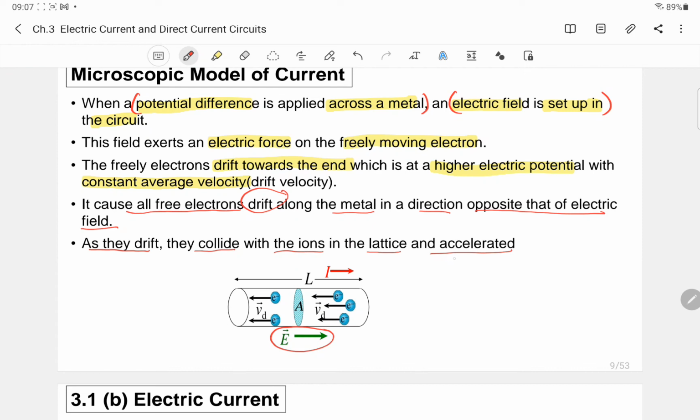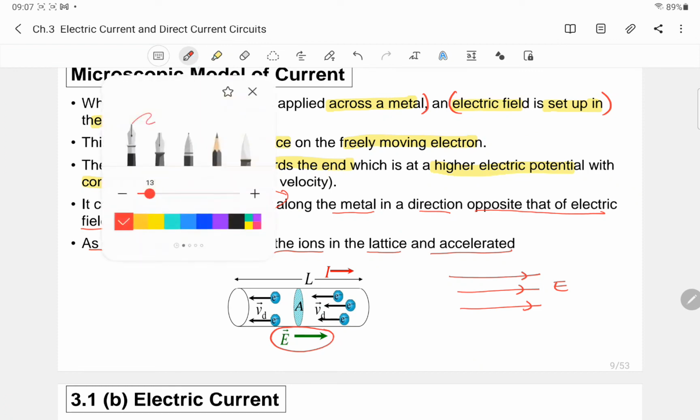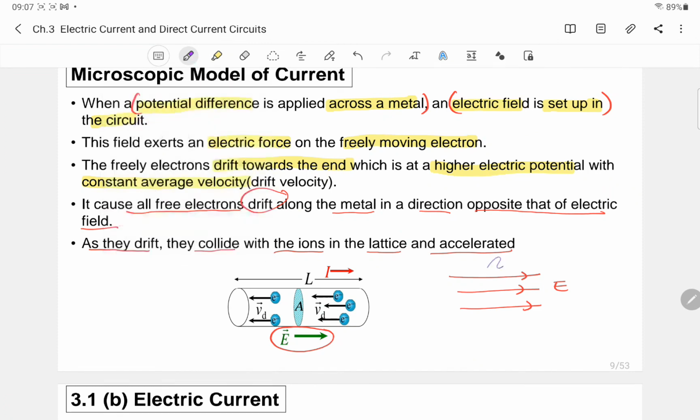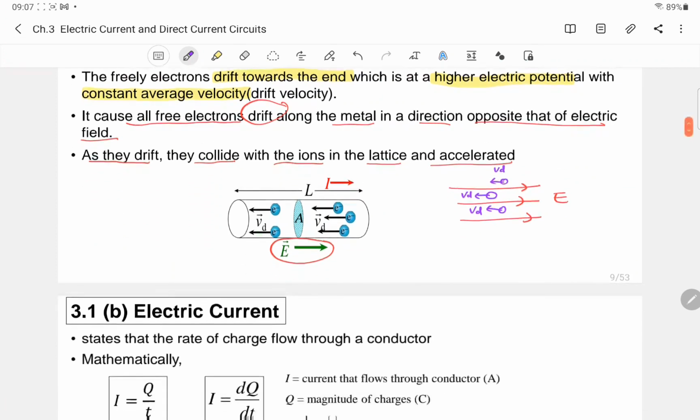Dekat sini kita ada direction of E, remember. So direction of drift velocity is in opposite. Ini kita ada electron, the drift velocity of electron is opposite to the direction of electric field.